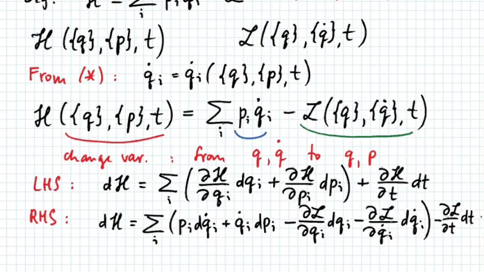Let's take a closer look at the expression we got from the right-hand side. So we see that partial derivative of Lagrangian with respect to velocity is nothing other than definition of generalized momentum p sub I. Also, partial derivative of Lagrangian with respect to generalized coordinate is nothing other than p dot sub I. We cancel the first term and the last term in the sum.